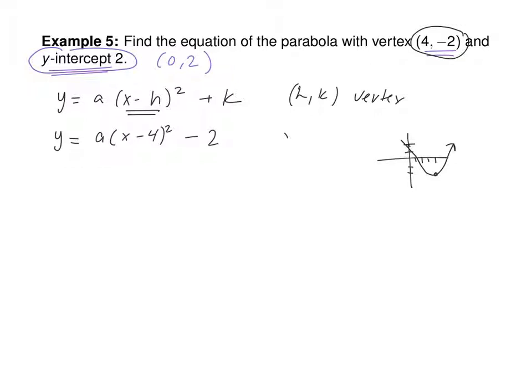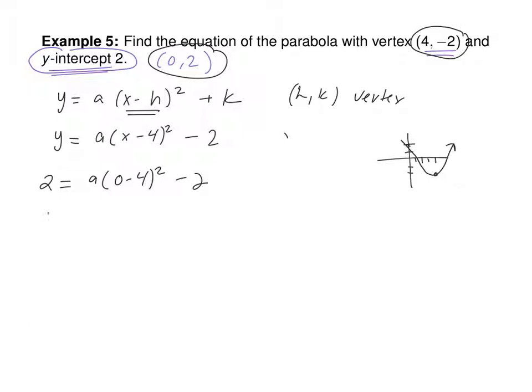So how can you use that (0, 2) information to figure out more information about the parabola? Plug it in for x and y, exactly. So it's a random x, y, right? So 2 equals a(0 minus 4) squared minus 2. And then solve for that a. That a in front tells you if the parabola's been stretched or shrunk or just stayed the standard size.